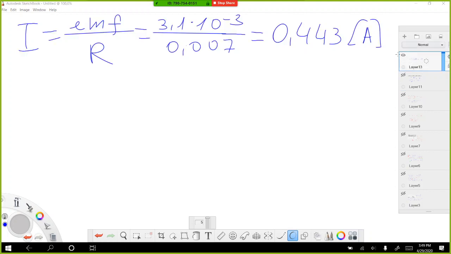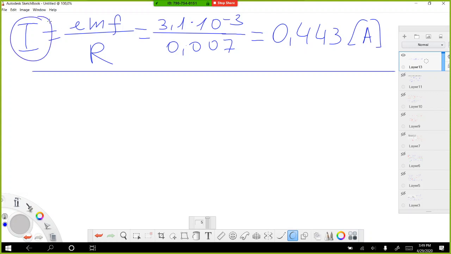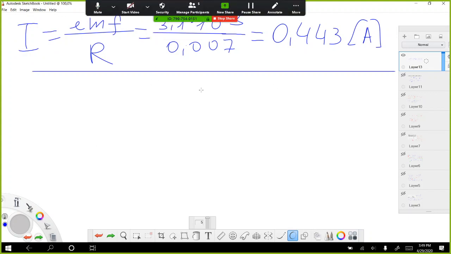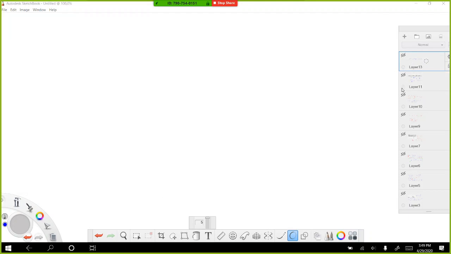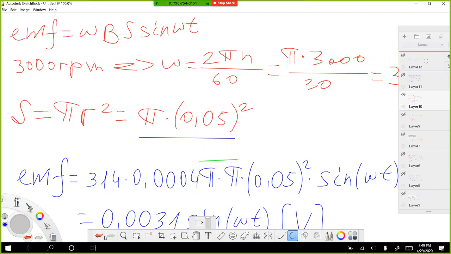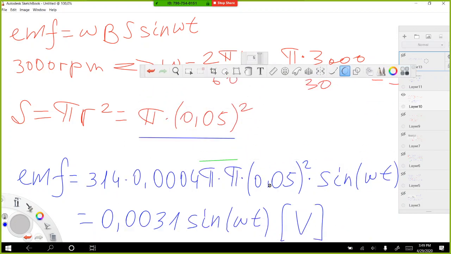Because here, pay attention, we found the maximum current that can supply our device, because we took the maximum value of electric motive force. In general, our electric motive force was alternating as a sinusoid.